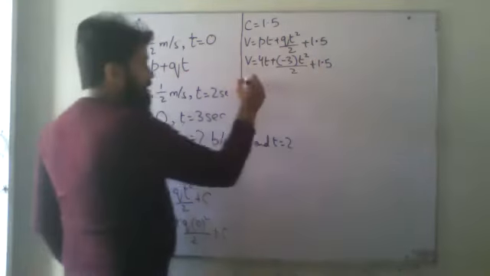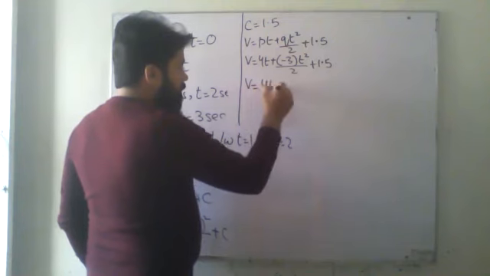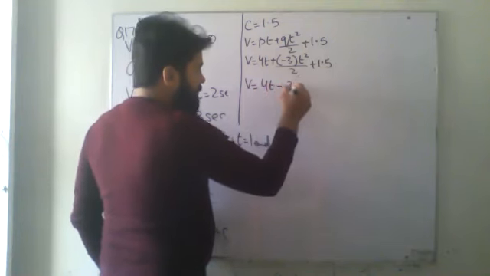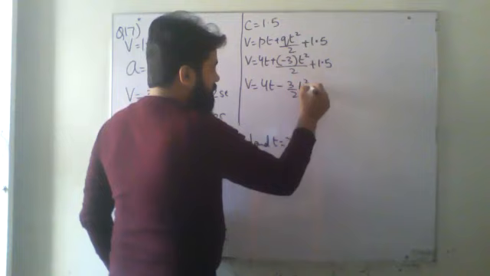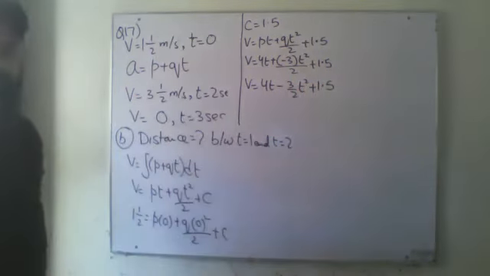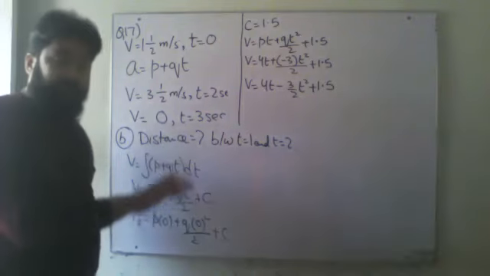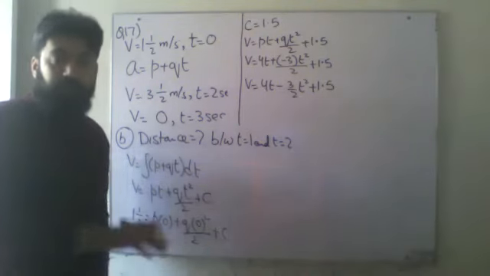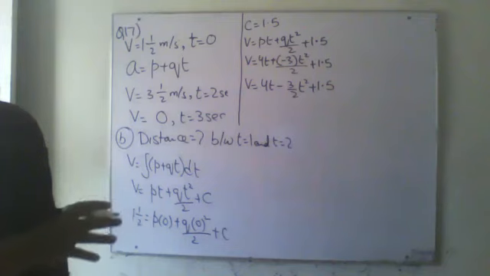So v equals 4t minus 3 over 2 t squared plus 1.5. Right? Now, this is my actual equation of velocity.